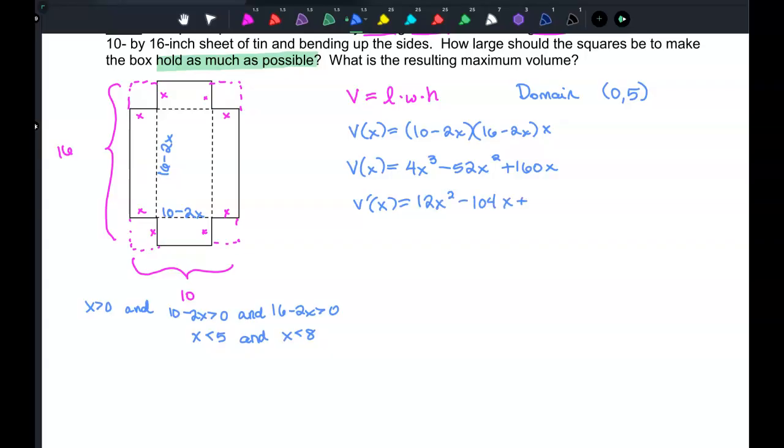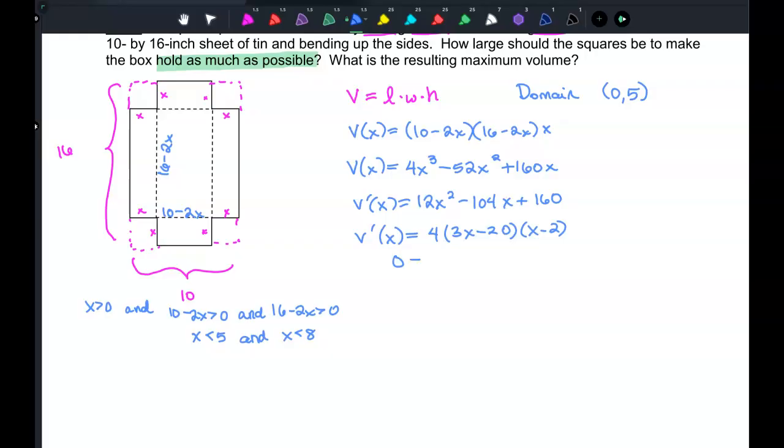To save time, I will give you the factored form, which is 4 times 3x minus 20 times x minus 2. I know you can all factor this, we don't need to do that. Just trust me, I've done this problem quite a few times.